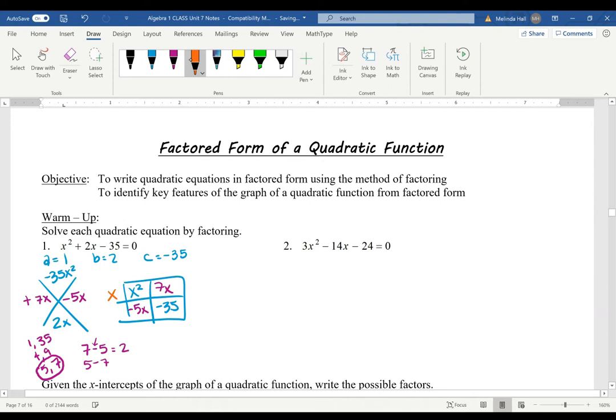If I take an x, I would have to multiply by x to get x squared, and I would have to multiply by 7 to get 7x. So I know my top would be x plus 7. Okay, so then if I took an x, that would mean I would have to multiply by negative 5 to get negative 5x, and then your check is the last box, because negative 5 times 7 is negative 35.